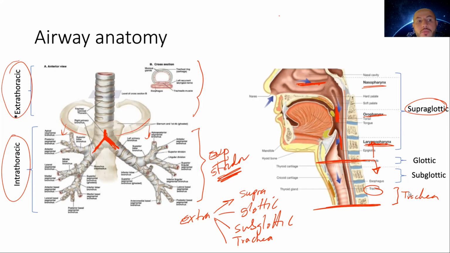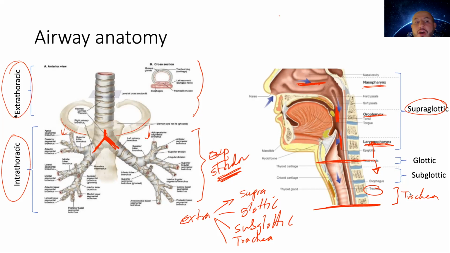Again, to memorize, we have extrathoracic and we have intrathoracic. When we say intrathoracic upper airway obstruction, I'm talking about the level of the trachea, the carina, and the right and left main bronchus.